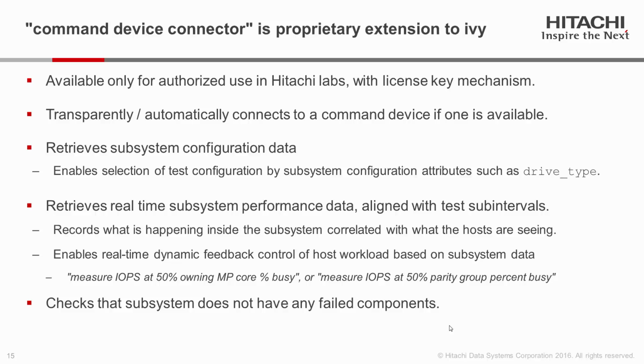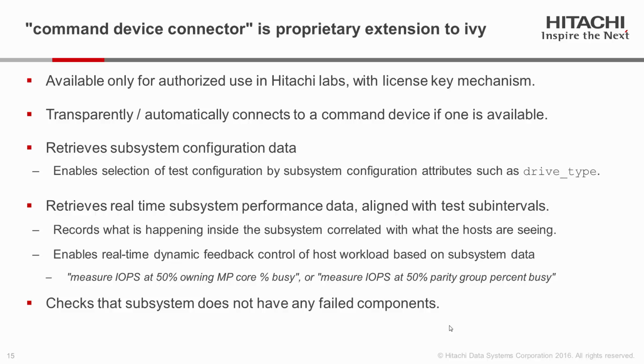Then, as the subintervals are running, the Hitachi command device connector retrieves real-time subsystem performance data aligned with the test subintervals, and therefore it records automatically in CSV files for each subinterval the subsystem data, all correlated exactly with what's going on in the hosts at the same time. That enables you to do real-time dynamic feedback control of the host workload based on real-time subsystem performance data.